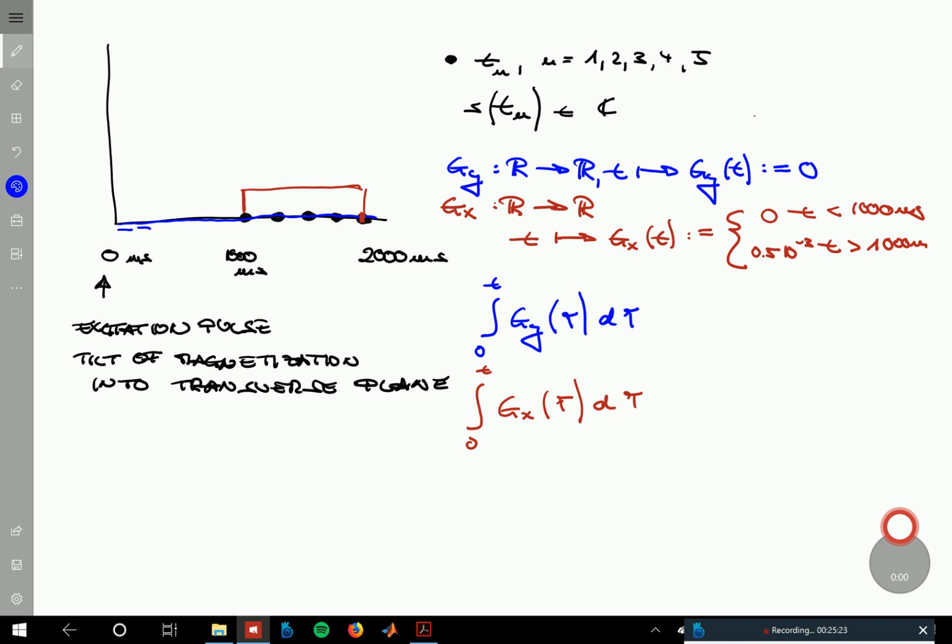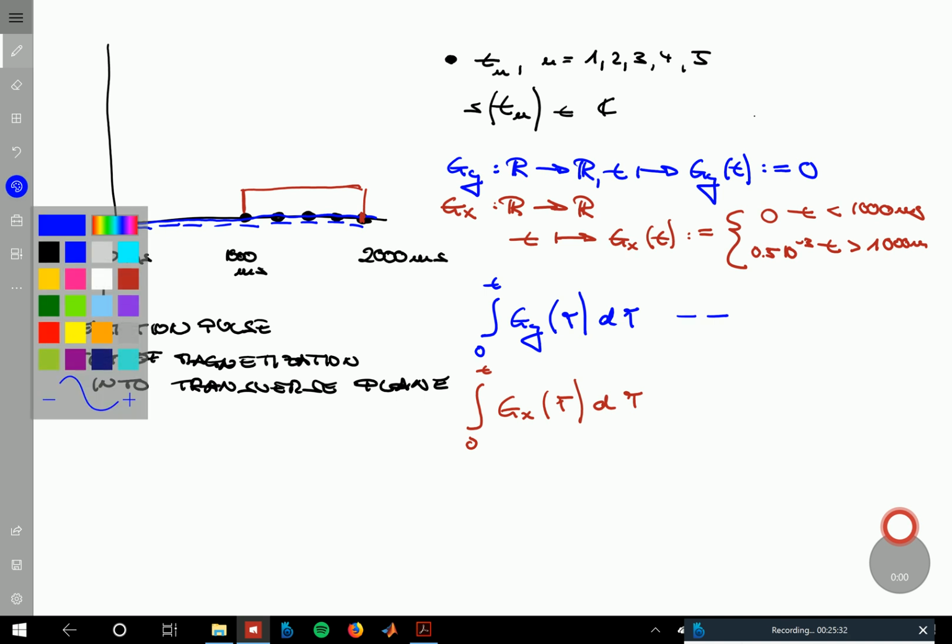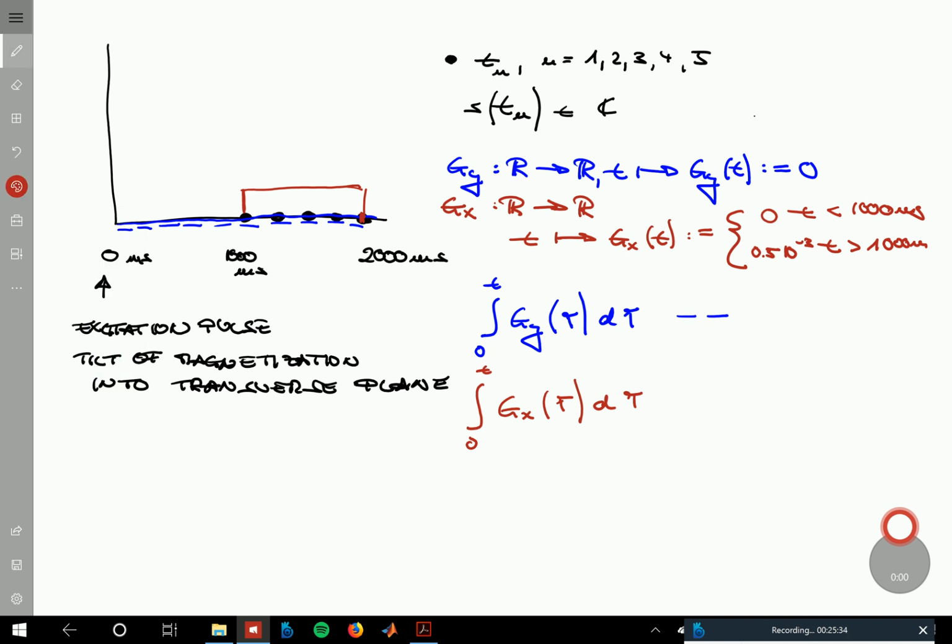So I'm plotting this here next to 0, so it's not changing.